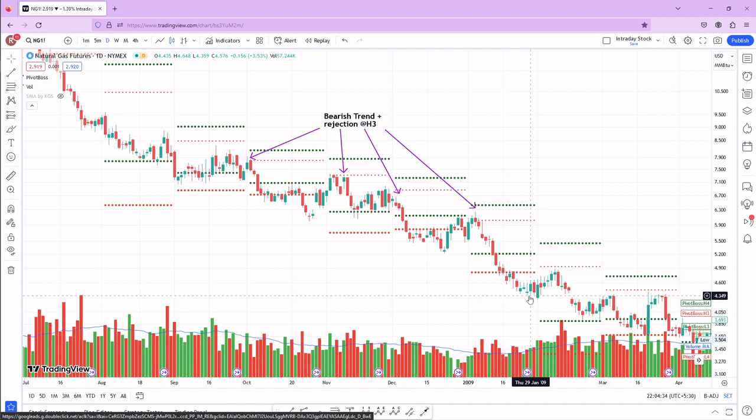So these are the examples where the price opened between or at the H3 and then started coming down. If the price were about to open below L3, so this is the L3 level, assume the price is opening below L3, then any pullback towards L3 is going to be a selling opportunity.